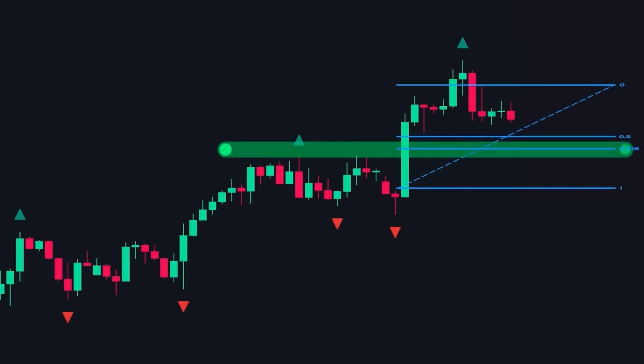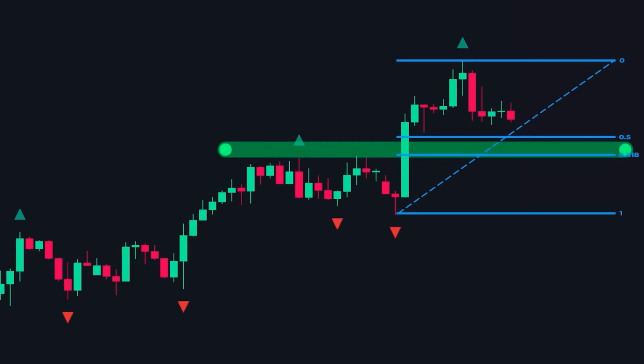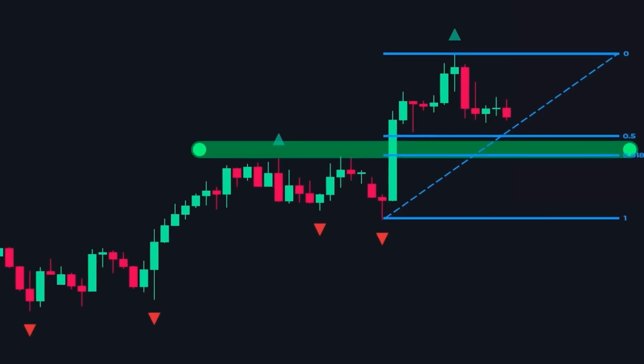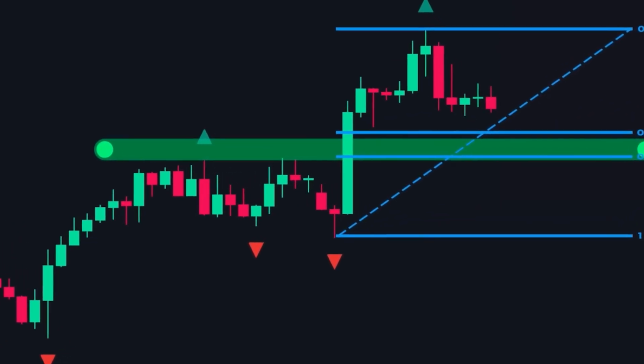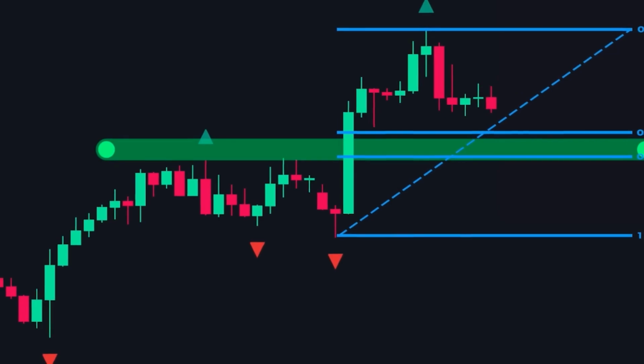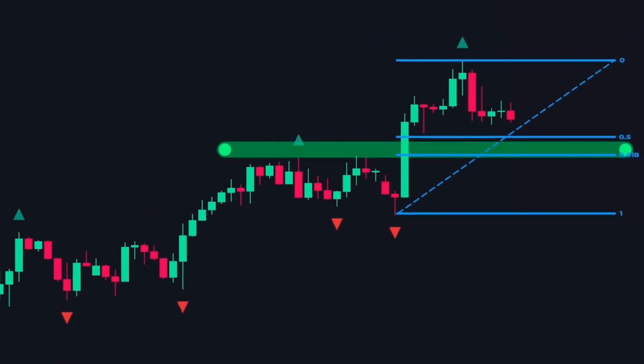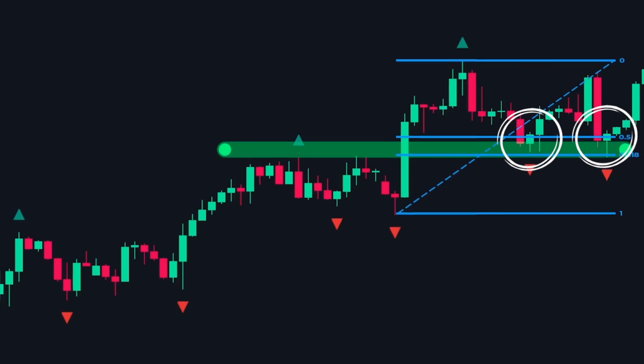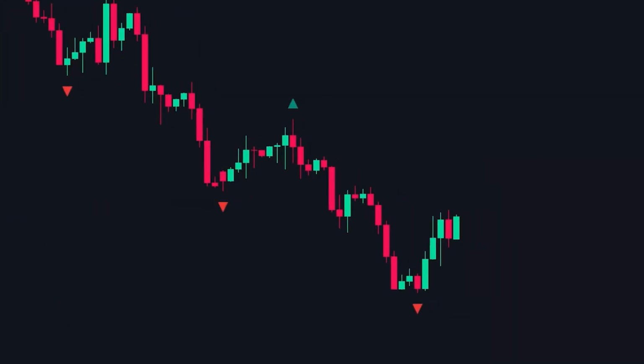We then use the Fibonacci retracement tool on this impulsive move. The golden zone on the Fibonacci retracement corresponds with this new support level, resulting in a double confluence. When the price returns to this golden zone, we'll search for an entry position using the approach covered later in the video.